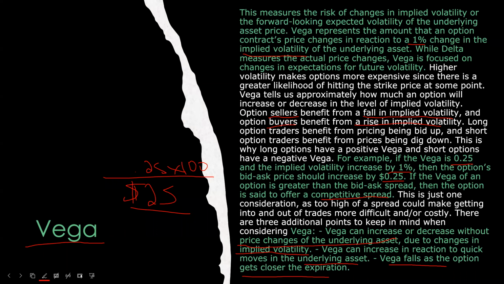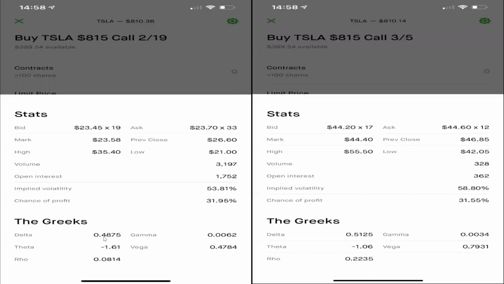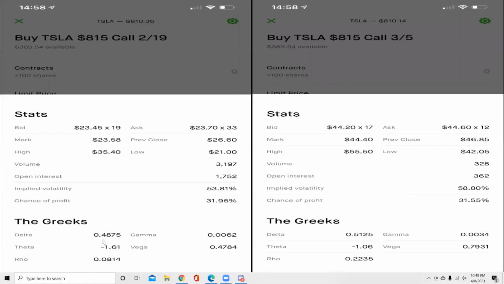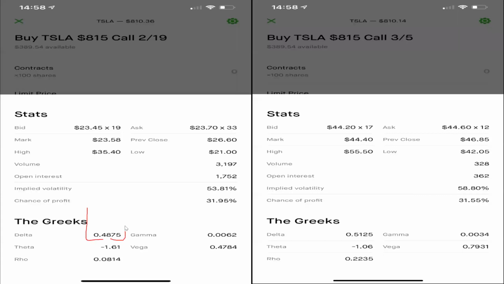So we're back to our Tesla contracts. Let's recap again for everybody. We're going to keep recapping till this is absolutely buried in your heads. Delta is giving us two things: a $48 increase or decrease every time the underlying asset moves $1. It's also saying that I have a 48% chance of going in the money by that expiration date.